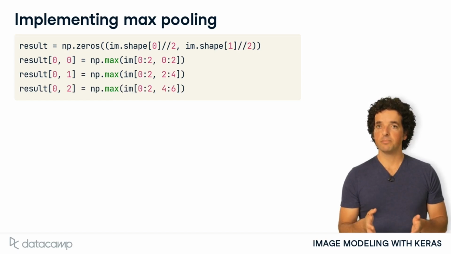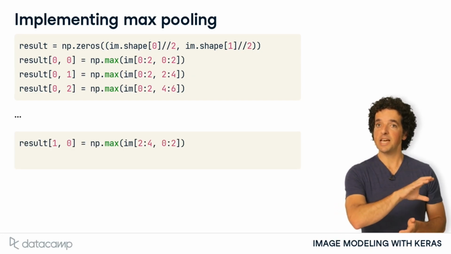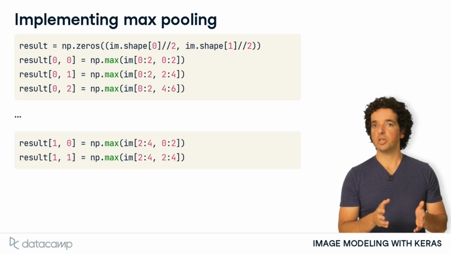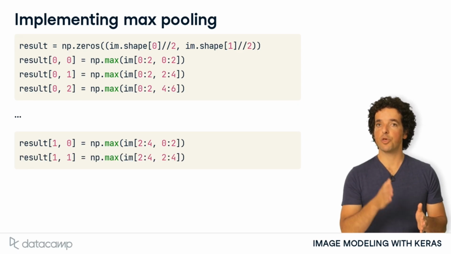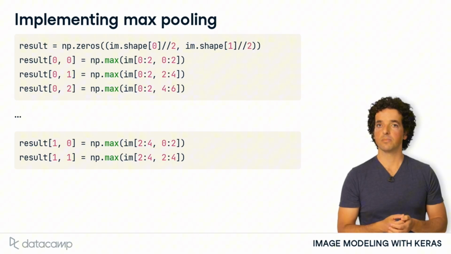We keep going like that until we are done with the first row in the input. We then move the window to the beginning of the second row in the input, calculating the maximum for the coordinates in the third and fourth rows in the input for this location. We continue sliding the window along. Ultimately, in each location in the output, we calculate the maximum for a window of 2 by 2 pixels at the corresponding location in the input.